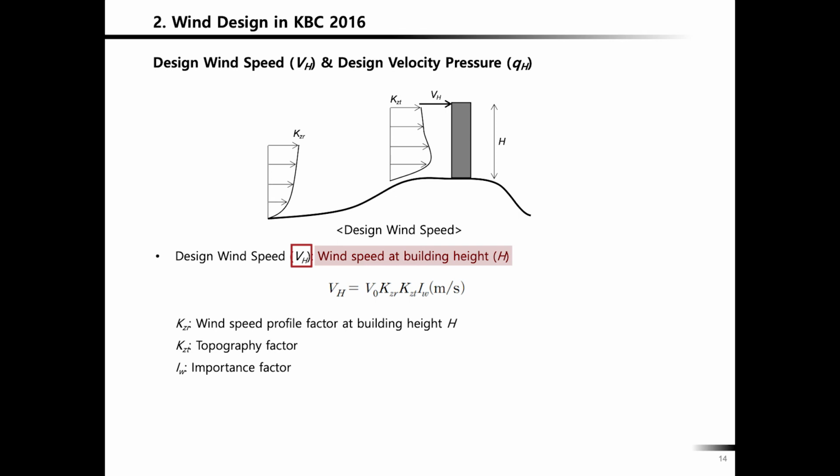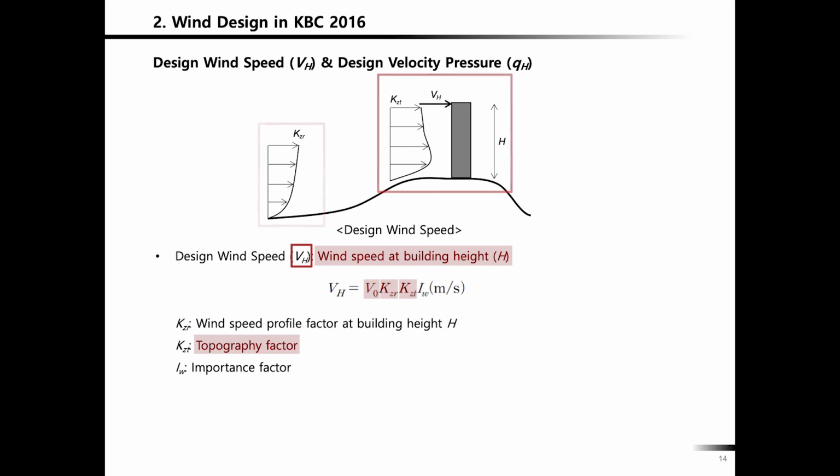And this VH should include the topography effect, ZT. Well, every code has different notation, but in KBC it's ZT, the topography effect factor.